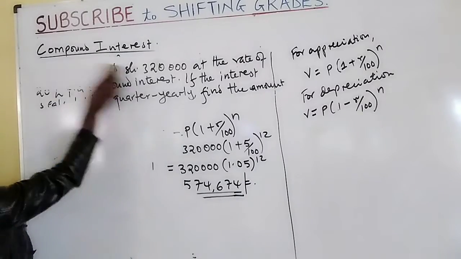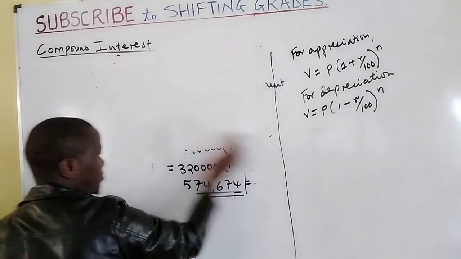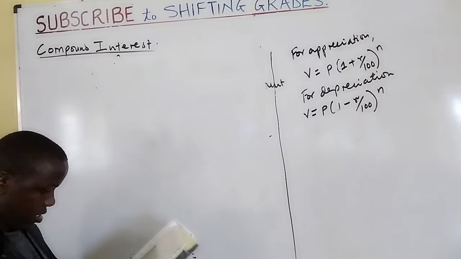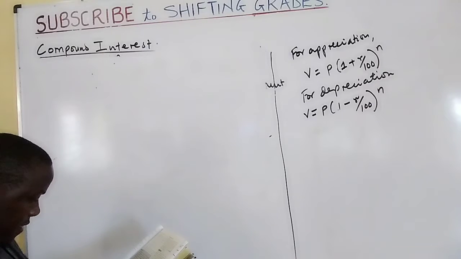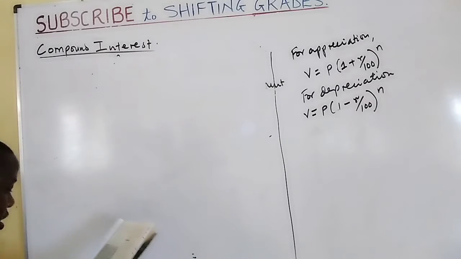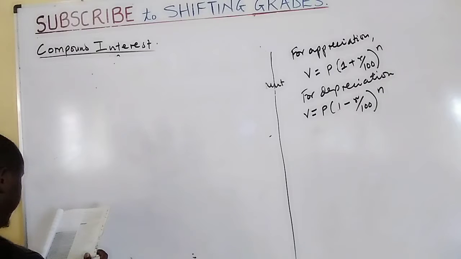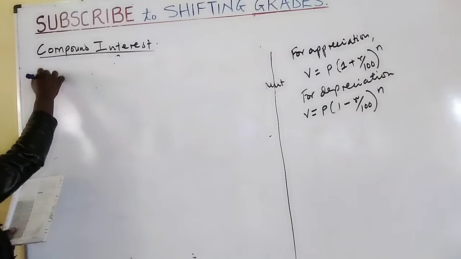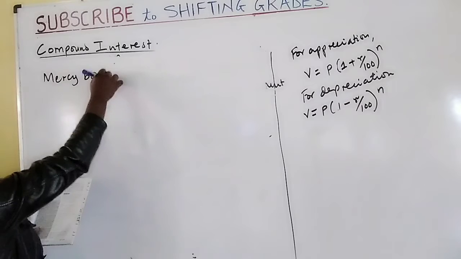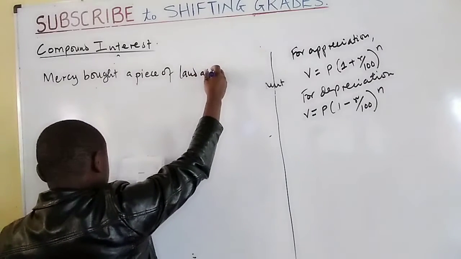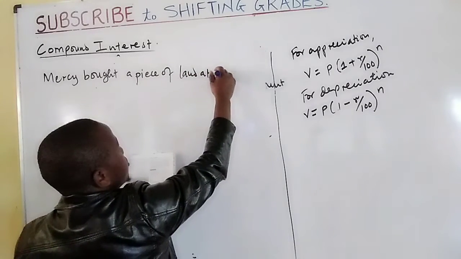For each, that we may now finish. Matthew bought a piece of land at 80,000 shillings.